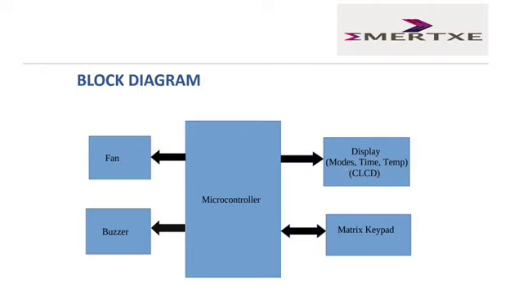Coming to the matrix keypad, we use it to enter values like how much time you want to cook the food and at which temperature. And the buzzer is like an alert system: if the food cooking is over, the microwave oven gives an alert. This is the block diagram.